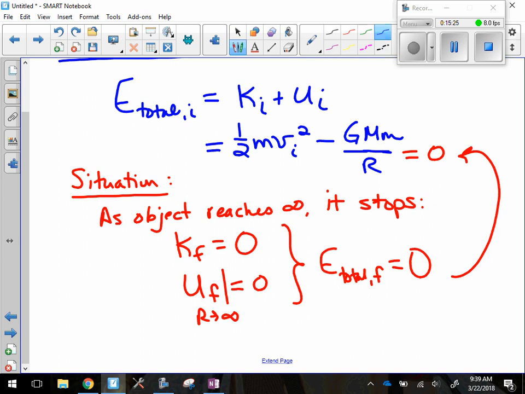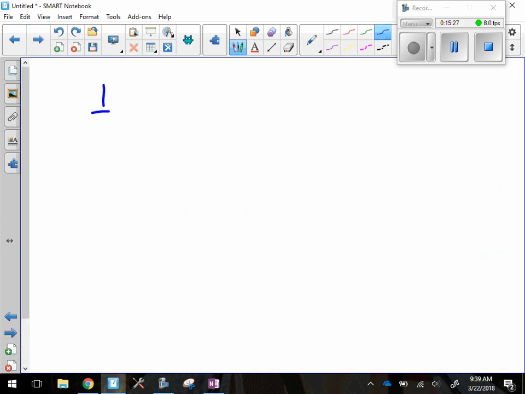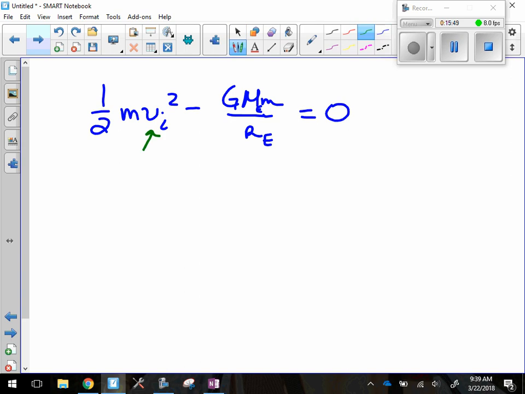So I can take this equation, which tells me that 1/2 m vi squared minus G M m over r is going to be equal to 0. And if I say that I am on the surface of the Earth, then I can solve for vi, which is going to become my escape speed.